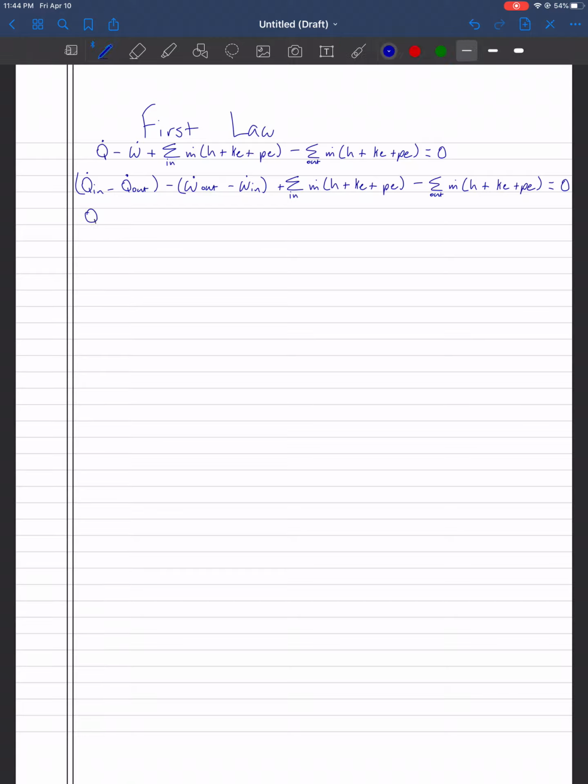However, if I separate all of my ins from all of my outs, this says the same thing, but the difference here is I know what is on what side.